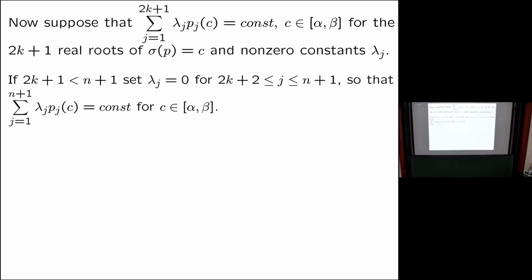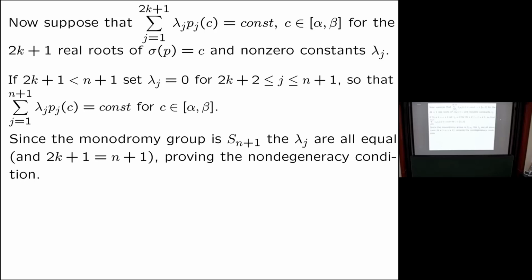So then you'd have that this was a constant, but the lambda j have all to be equal, and some of them are 0. So they have all to be 0, but they're not allowed all to be 0 because they've got to add up to mu. So since the monodromy group is S n plus 1, the lambda are all equal, and 2k plus 1 is n plus 1, and that proves the non-degeneracy condition.